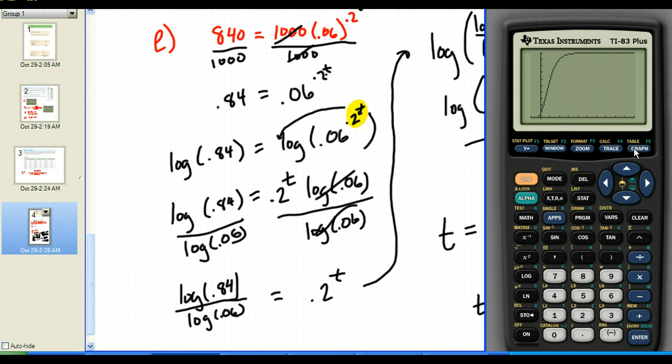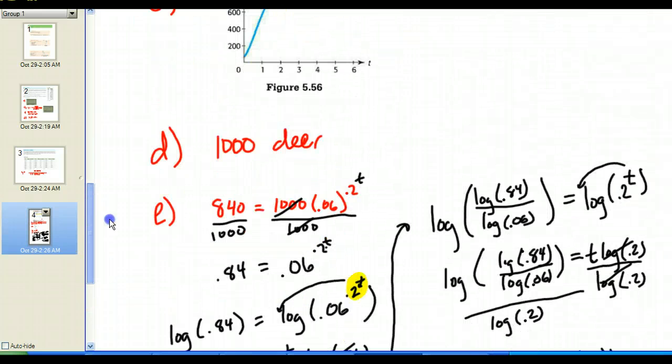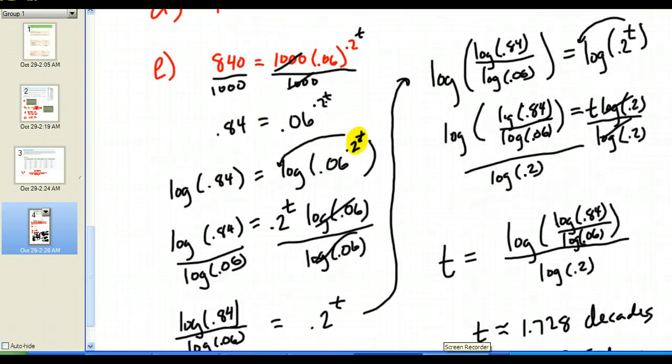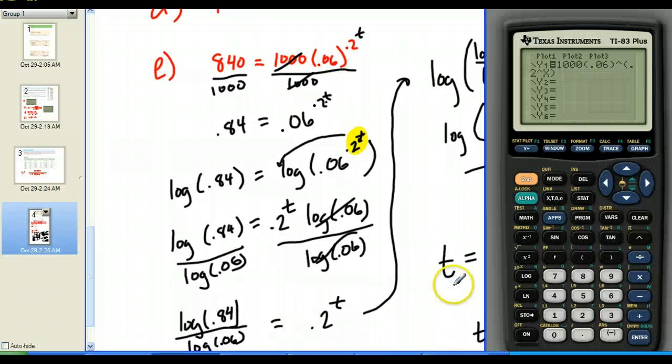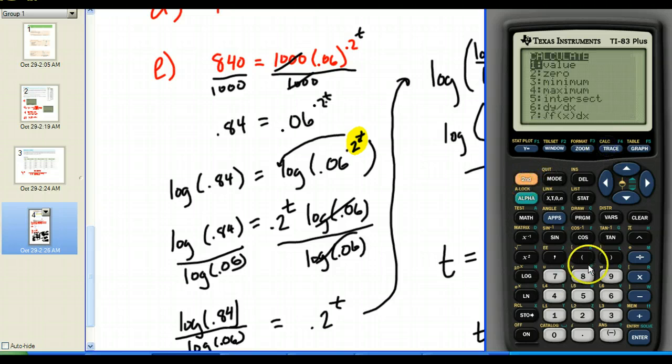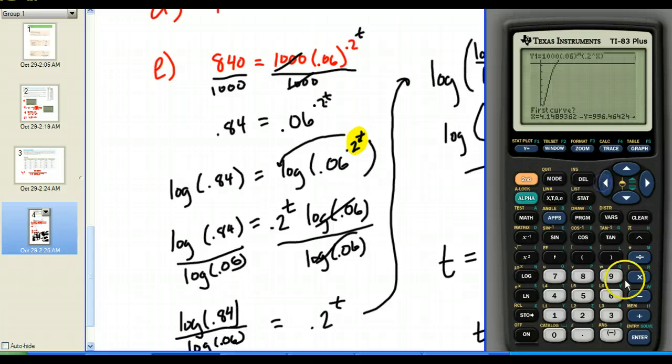Alright, what are we looking for? We're looking for where it gets to 840 deer. So type in the second one, y2 840, graph that, and there's our intersection that we're trying to find. So option 5, intersect first curve, that's our function right here.